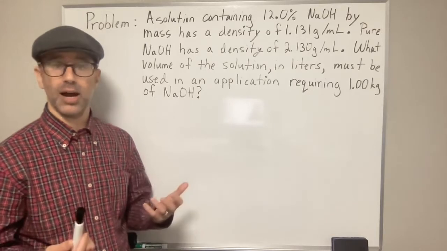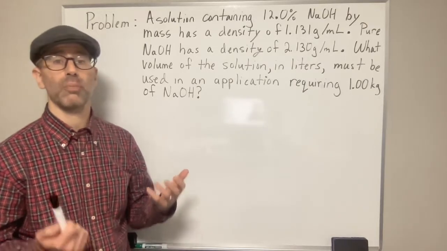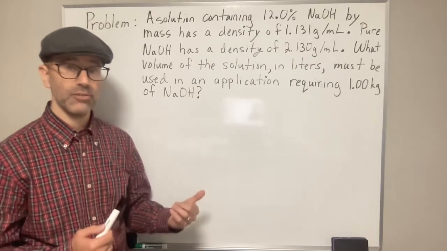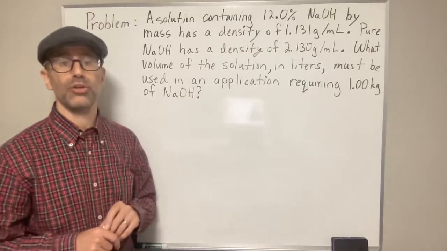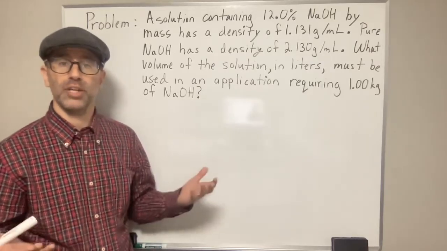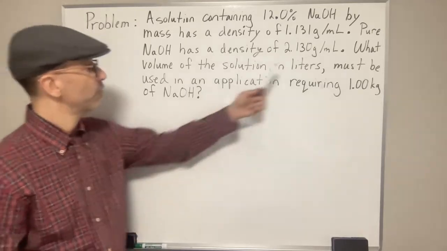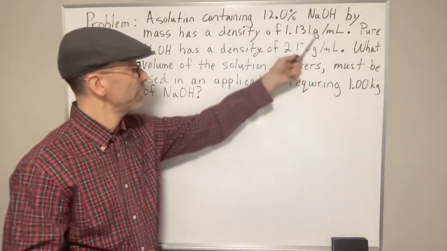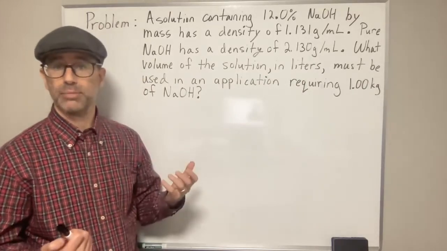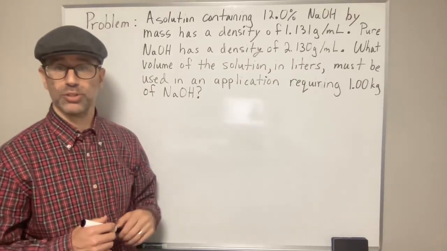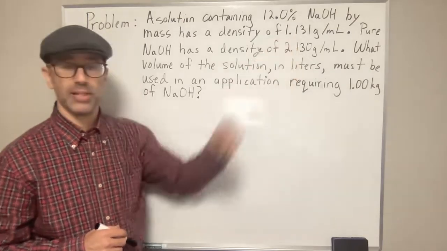Here they give us 12.0% by mass, so we can use a mass unit. It doesn't matter what mass unit you use, but you could use a convenient one, since they have grams here and here. Why not just use grams? That way we could use these numbers later.